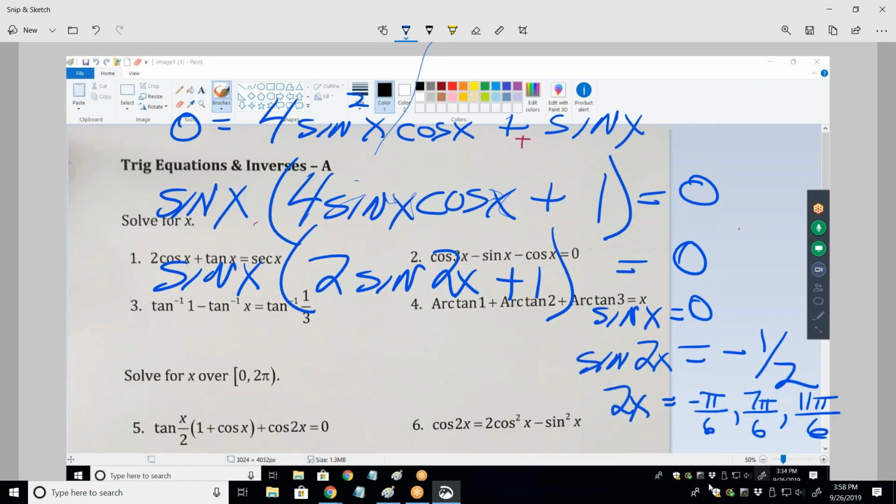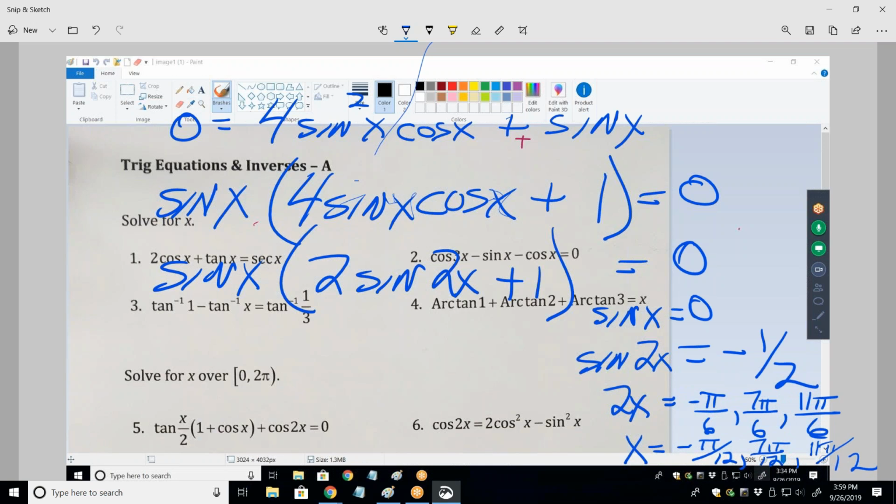So x has to equal minus pi over 12, or 7 pi over 12, or 11 pi over 12, and that should be enough to find our sequence.